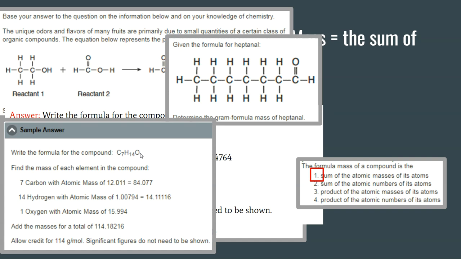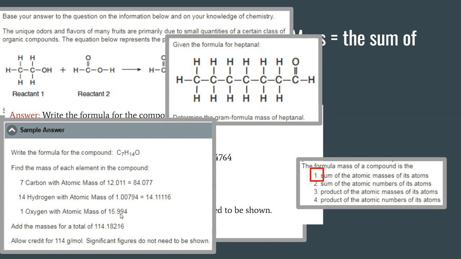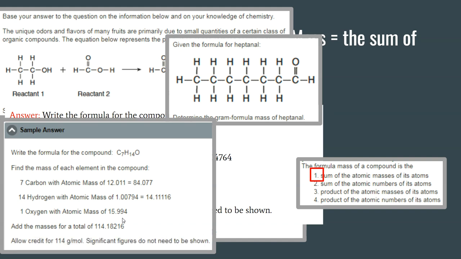In order to calculate the gram formula mass, simply multiply 12 times the number of carbons, 1 times the number of hydrogens, and 16 times the mass of oxygen. Doing that will get you a total mass of 114.18216 grams per mole. Again, the Regents would allow credit if you just merely rounded to the nearest whole number. So 114 grams per mole would be sufficient for this answer.